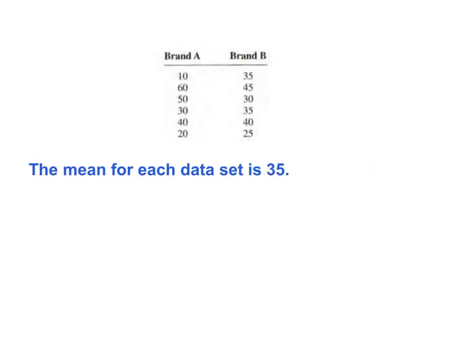Let's look at a set of data. So if you want to take a picture of that, okay, because we're going to talk about this data in particular here, and you're going to be entering that into your calculator in a minute. Not yet though, but go ahead and add that to your notes. If you notice, and if you want to do the calculation you can, or you can just trust me, the mean for both of these data sets is exactly the same, okay?